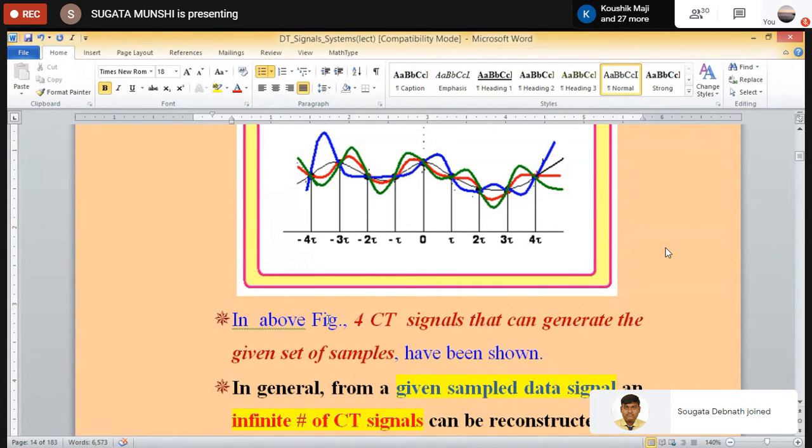You just draw them arbitrarily because those signals have nothing special. Only just ensure that the samples are all the same for all these 3 or 4 signals.